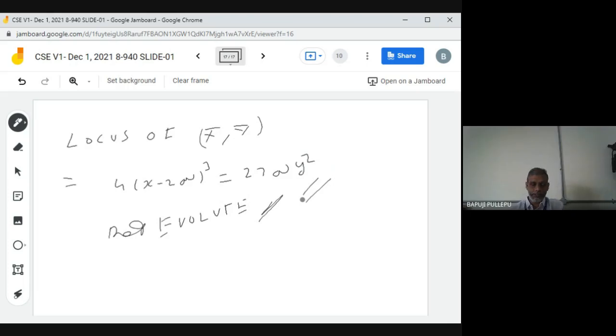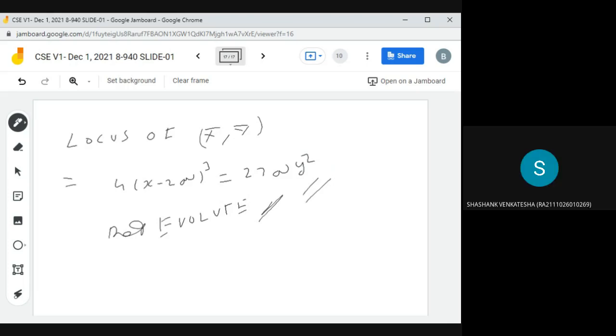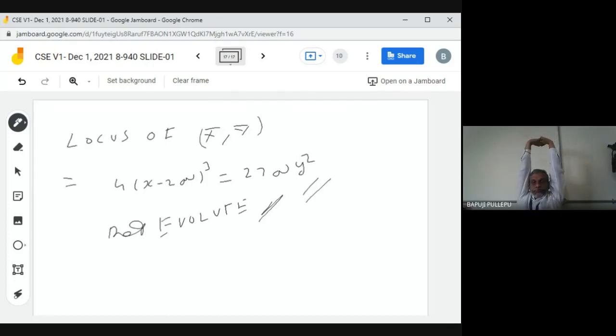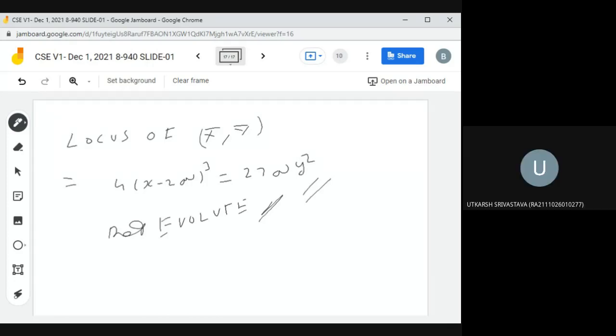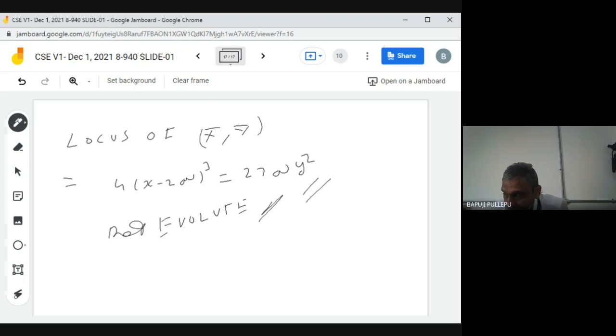Very good problem, sir. Compulsory question. Okay, so this is the equation of the evolute, right? Clear? Yes, sir.